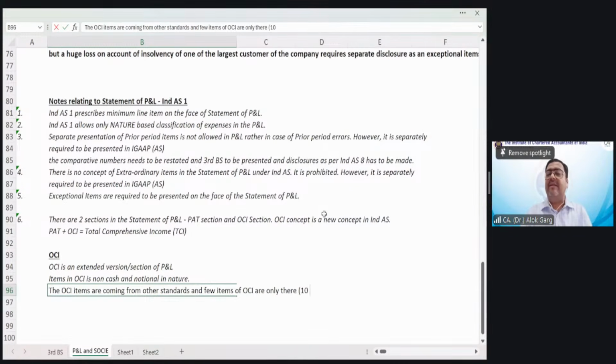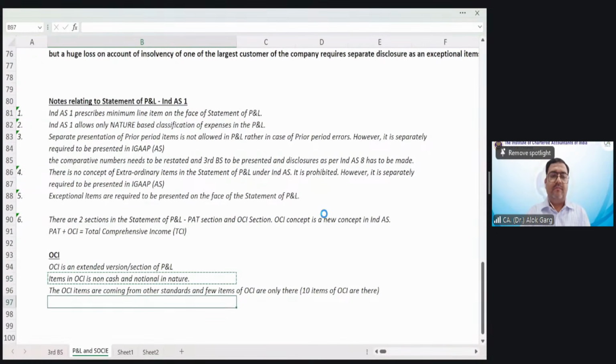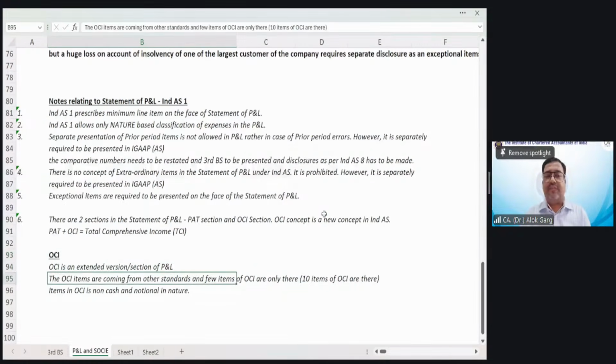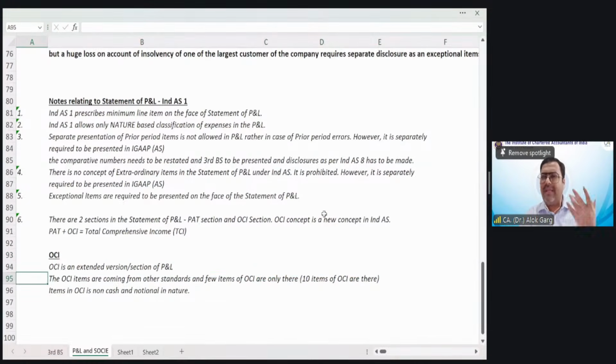For example, 10 items of OCI are there. Okay, right? The OCI is an extended version or section of the P&L. Items in OCI are non-cash and notional in nature.